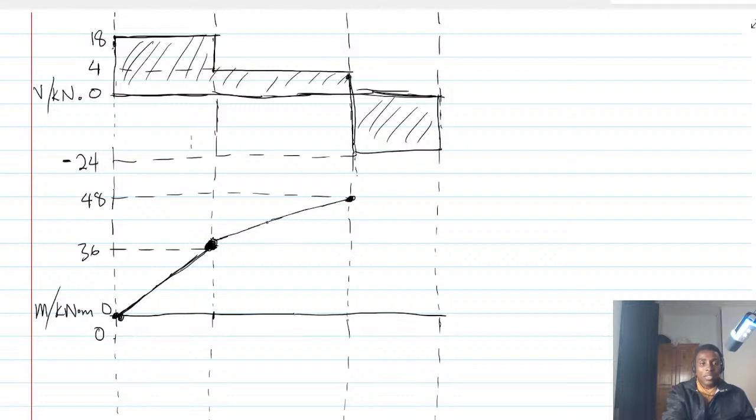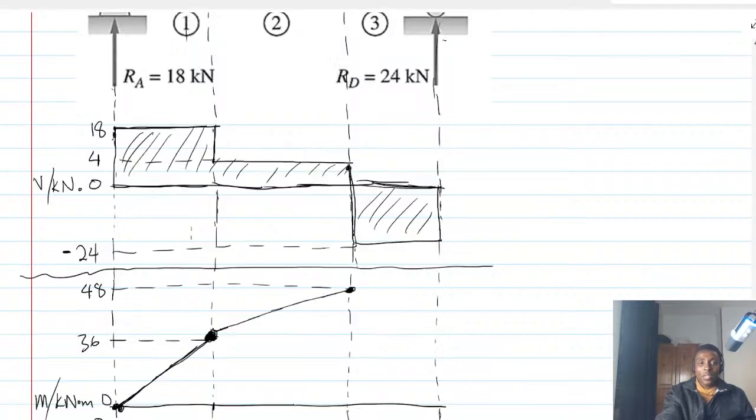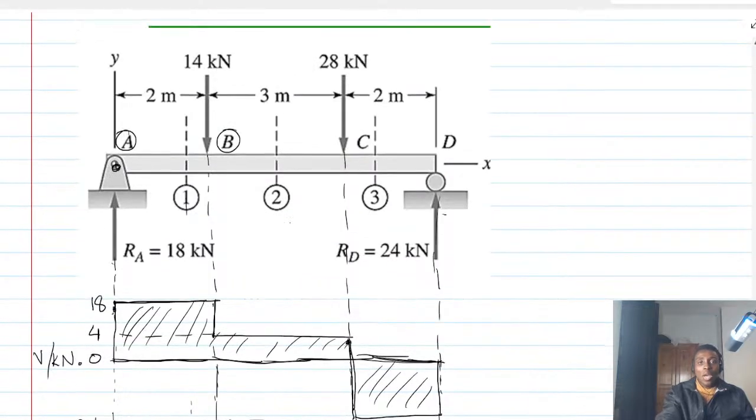It's correct. But let's not confuse the shear force with the bending moment. So we are done with the second part.